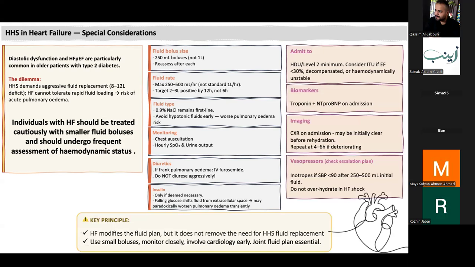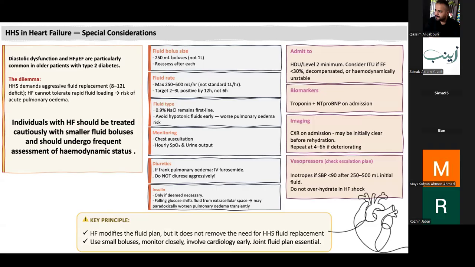Those patients tend to be even more ill and have higher morbidity and mortality compared to the standard HHS patients. So they should be admitted to a high dependency area and the cardiologist should be involved early. You should look for a precipitant in those patients, not only an infection, it could be a cardiovascular event.